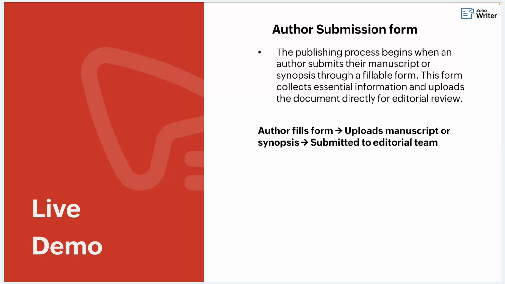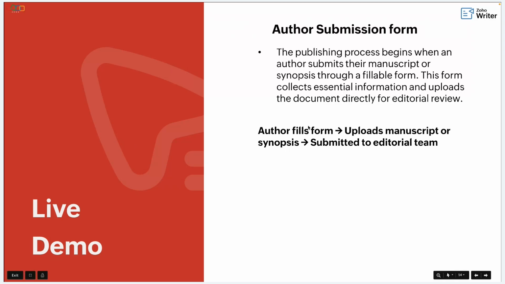They also upload their manuscript and declare that it's original content. And once the author submits the form, the data automatically flows into a connected sheet or database, giving the editorial team instant access to all the submissions in one place. So, how does a Writer fillable form fit in this scenario, Gautam?